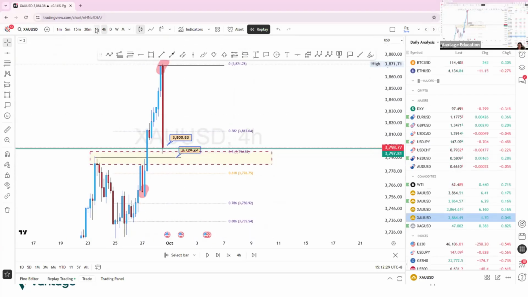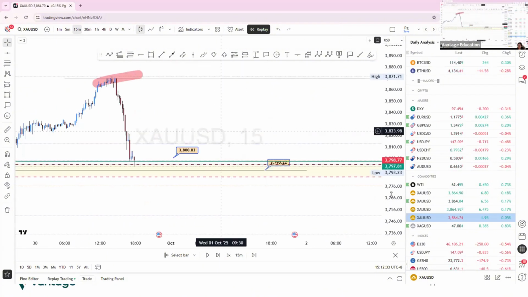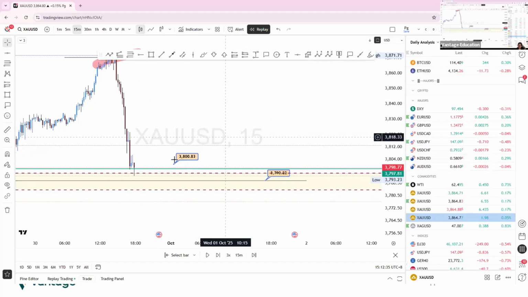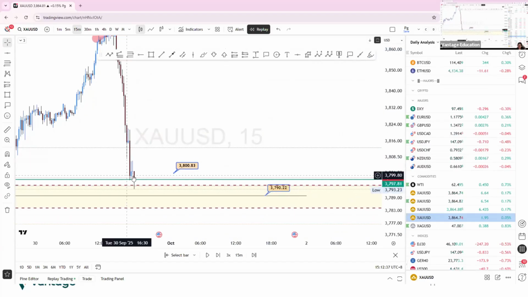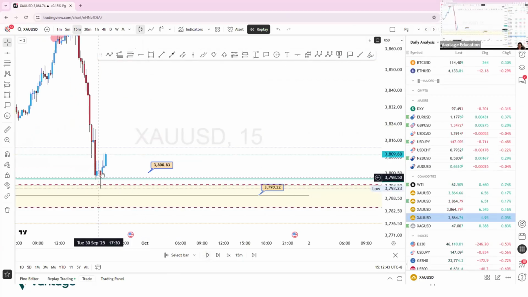And what do you see here when price goes slightly below 3800? Rejection, price has made the confirmation. Price action shows a bullish engulfing candle, so you can buy at the open of the third candle.